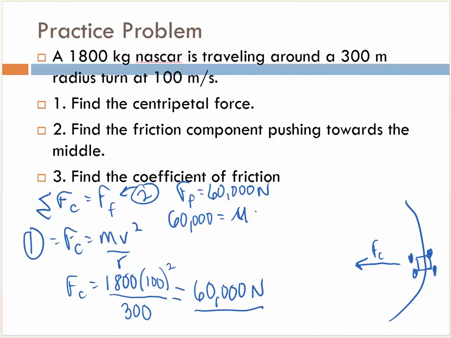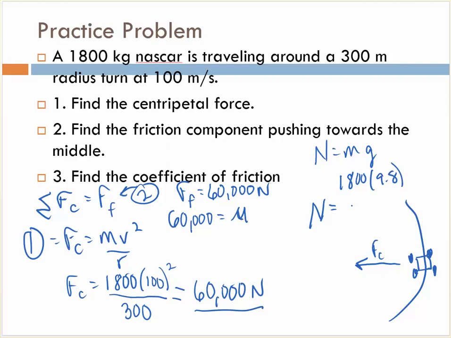So our normal then in this case is 17,640 newtons. So I'm going to put that over here for the n. Divide both sides by 17,640.